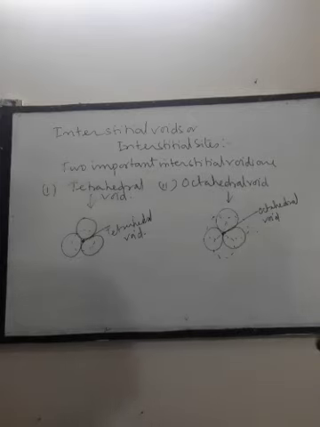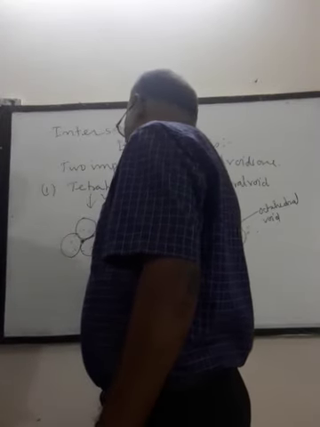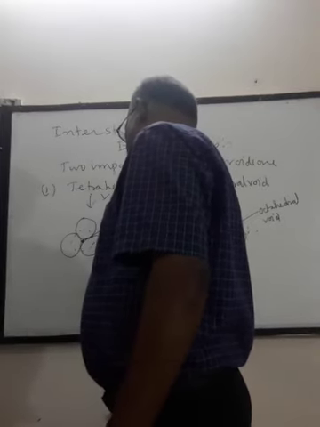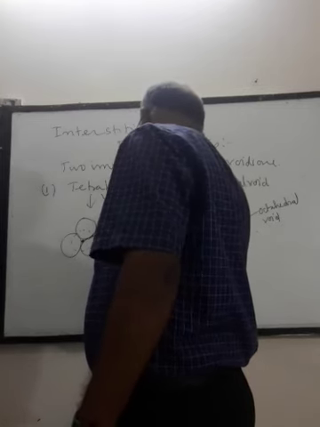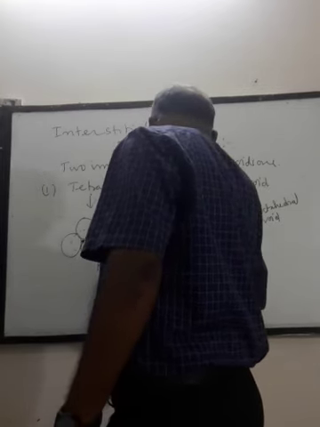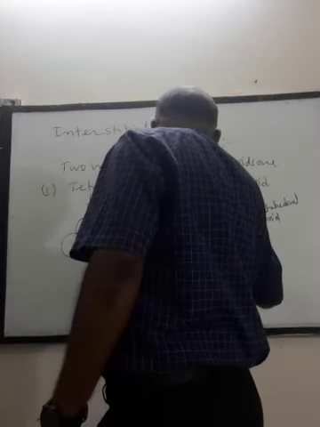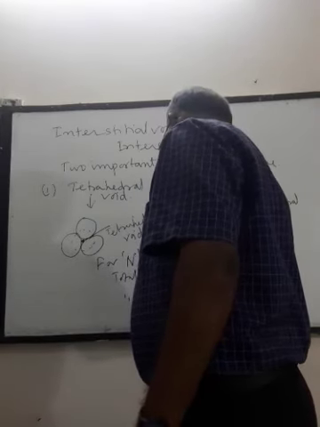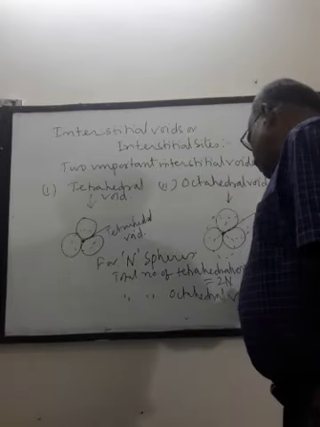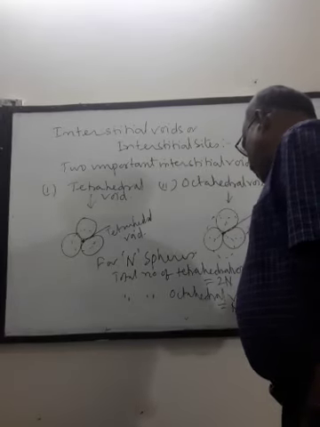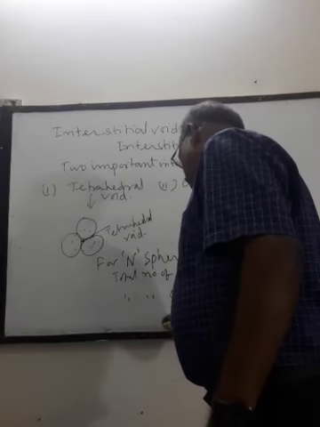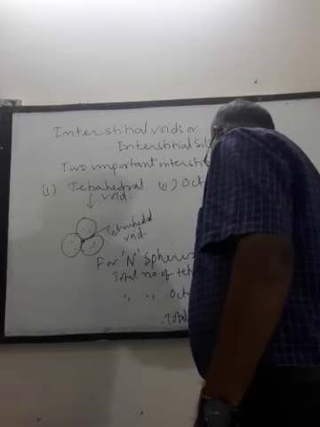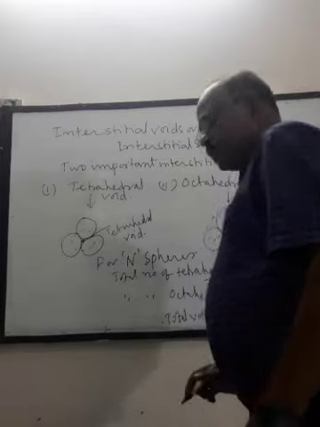Okay. Now for n spheres, the total number of tetrahedral voids is twice n, and the total number of octahedral voids is n, and therefore total voids equal twice n plus n, equal to thrice n.